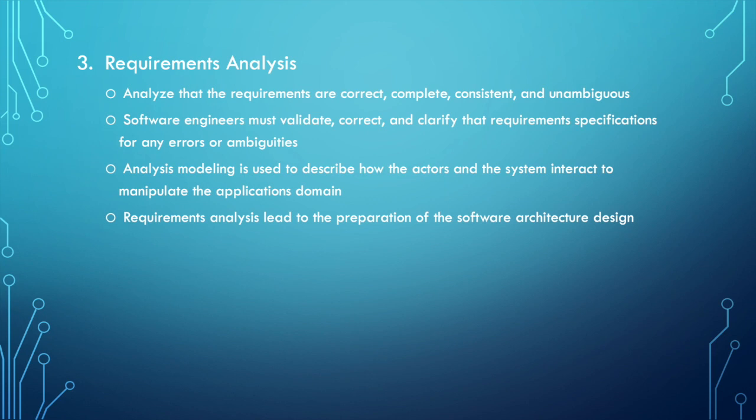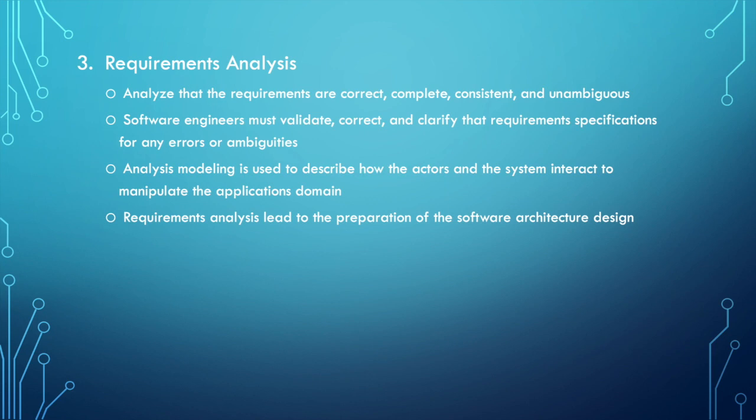We have to find that out because if it is not correct, then your software will be wrong. If it is not complete, that means there are missing use cases that you did not consider. If it is not consistent, then you have not extracted the correct requirements of the client. It is not consistent with the requirements of the client.